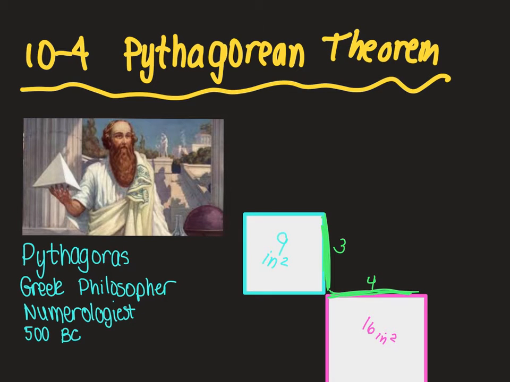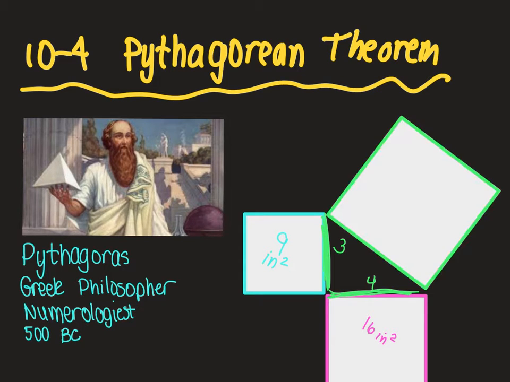And if I create a right angle with these two squares, this square that has 9 inches and this square that has 16 inches, and I create a 90-degree angle, and then I try to close it up and make a triangle out of it, the area of that square will be whatever 9 plus 16 is.